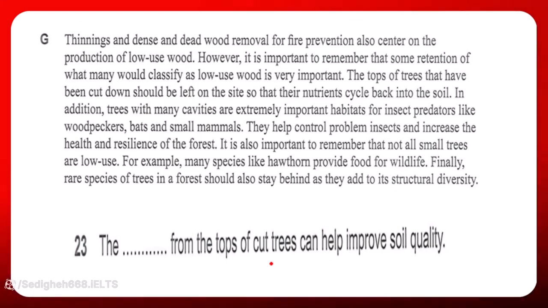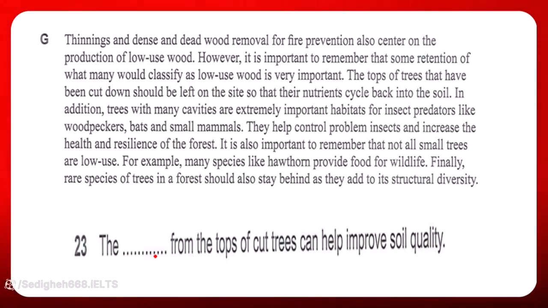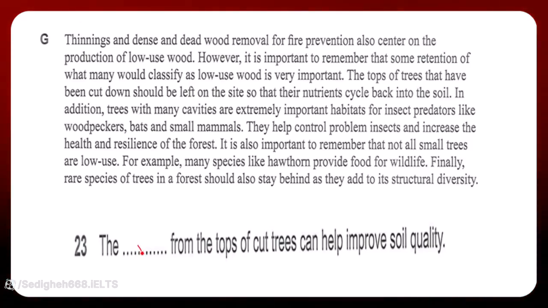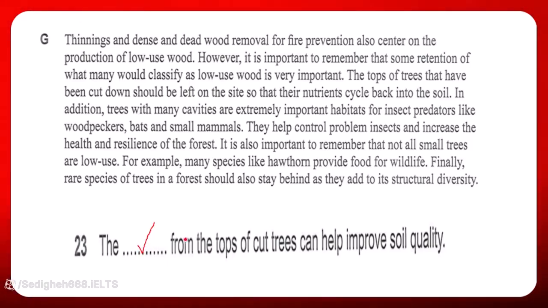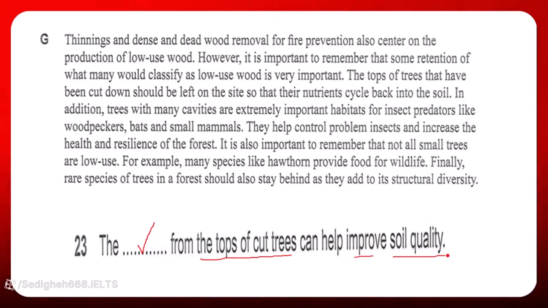Question number 23. The tops of cut trees can help improve soil quality. Again, we have to use a noun here. The keywords are the tops of cut trees can help to improve soil quality.